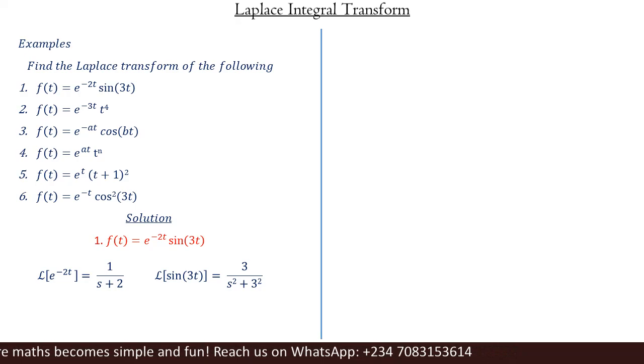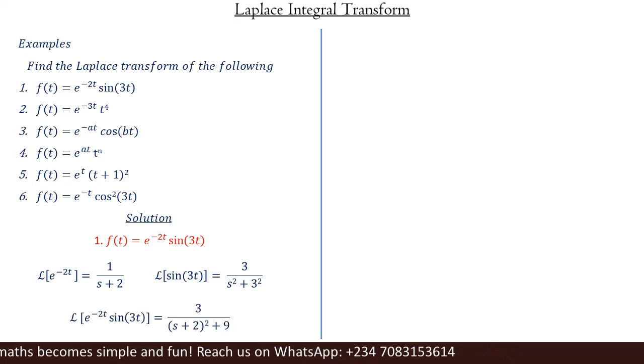So when we do that, we say that the Laplace transform of e raised to the power of minus 2t sine 3t is equal to 3 all over (s plus 2) in bracket squared plus 9.